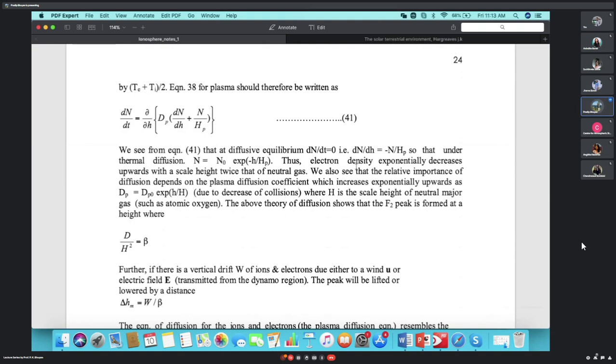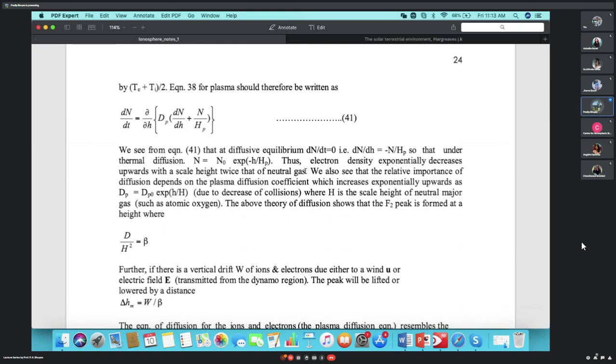So electron density exponentially decreases upward with a scale height twice that of neutral gas. That means the rate of decrease of electron density will be twice that of neutral gas, twice as fast.